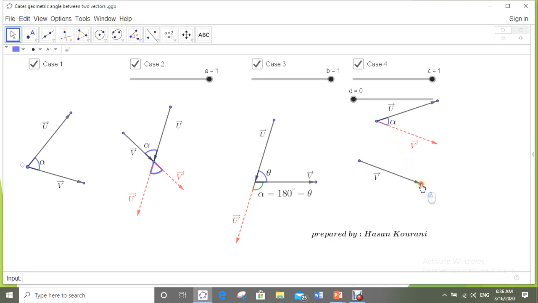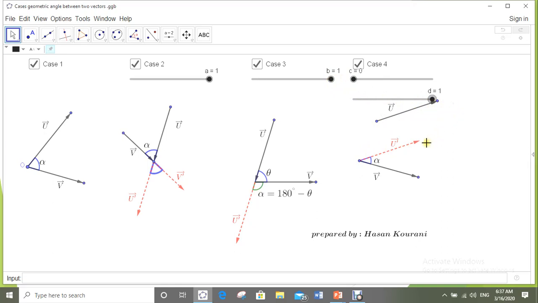You can see if we change v prime, which is equal to v, still at the origin of u, or you may slide or translate u and put it at the origin of v.